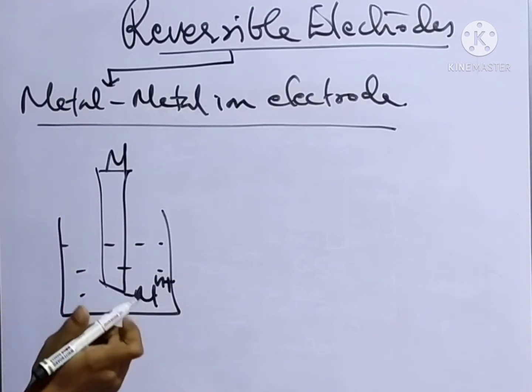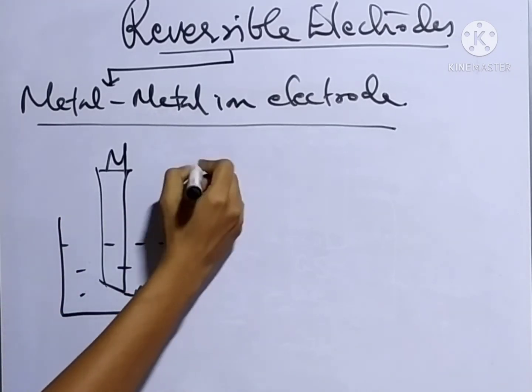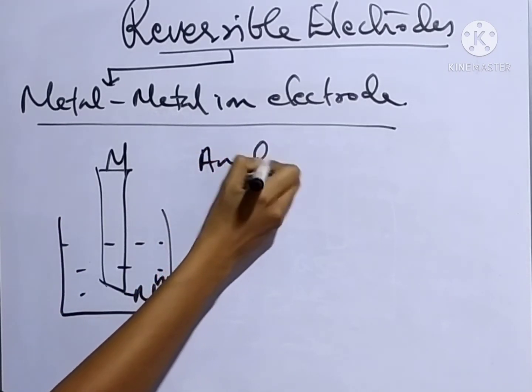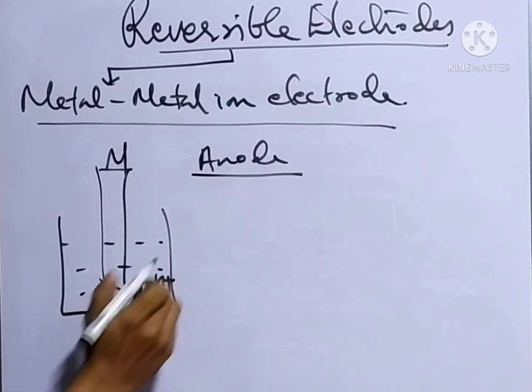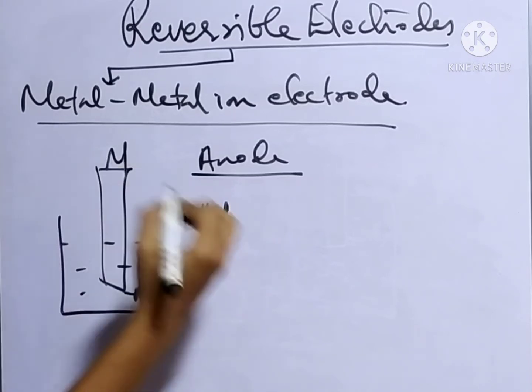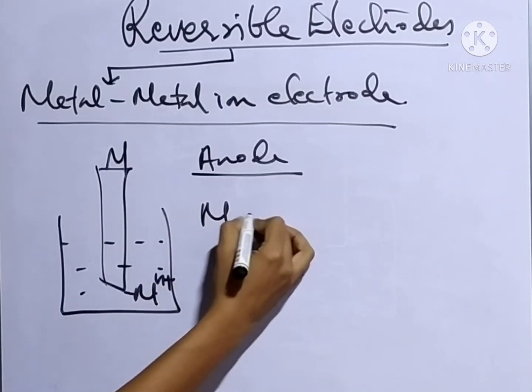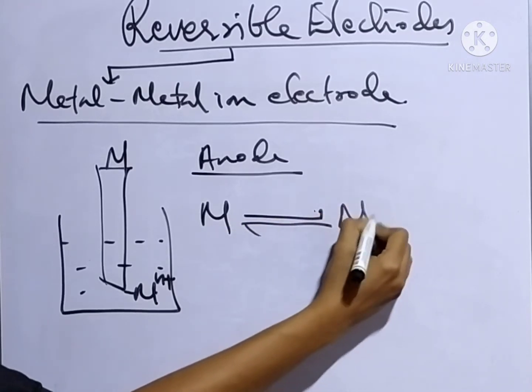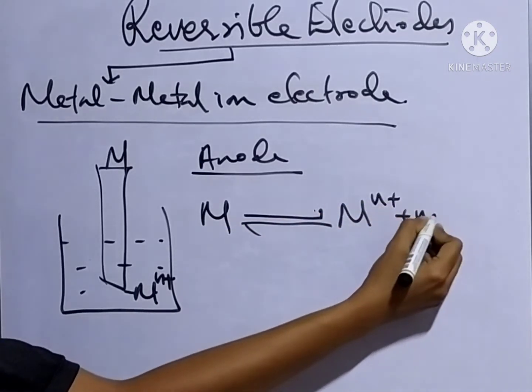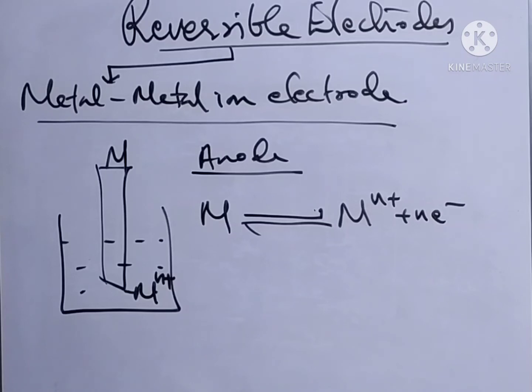This can act as an anode as well as a cathode. If it is an anode, then an oxidation reaction will take place, and the general reaction can be written like this: M is converted to Mn plus plus n electrons.